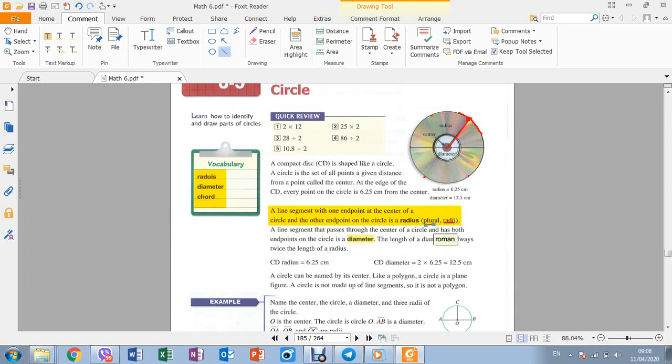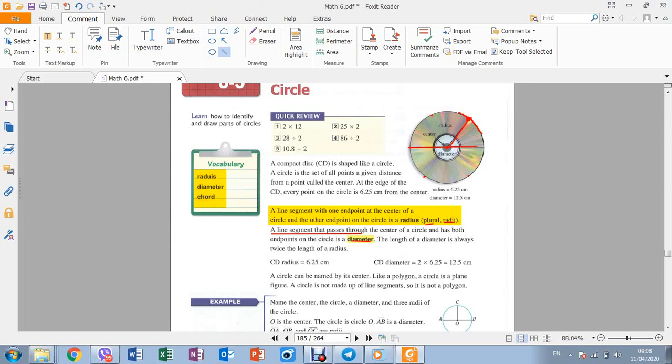Now we're talking about another. This is the first part. The second type is the diameter. What does diameter mean? It's a line segment that passes through the center. It has two endpoints on the edge. This is called the diameter.